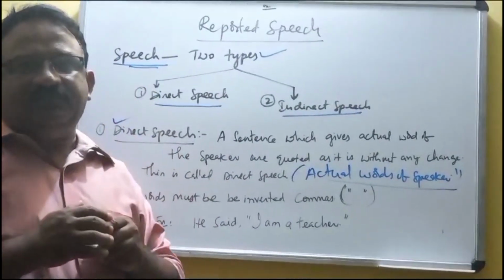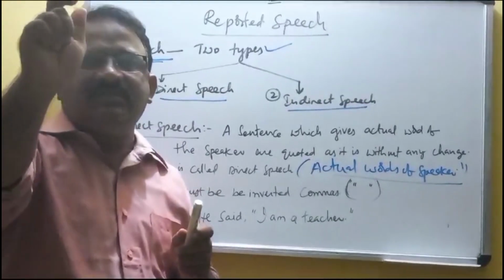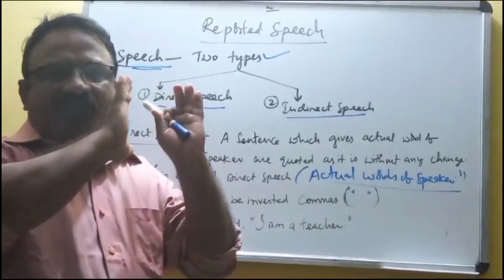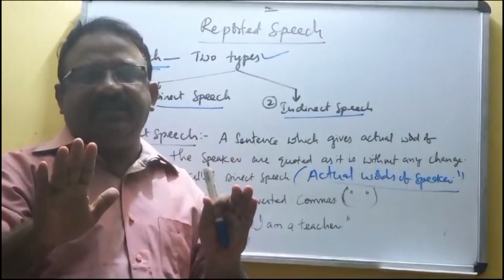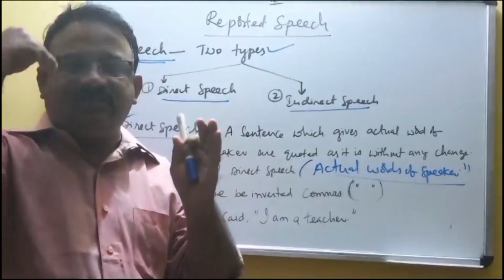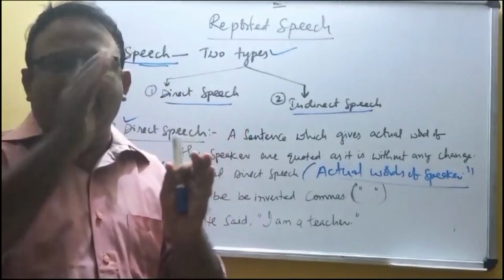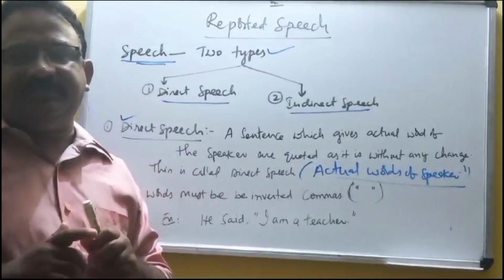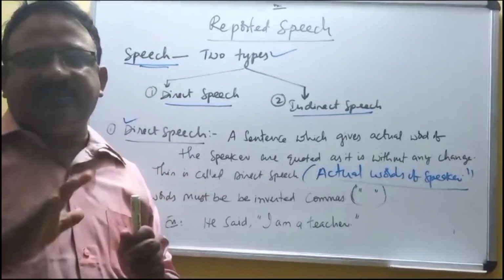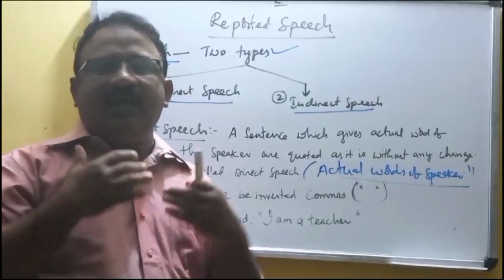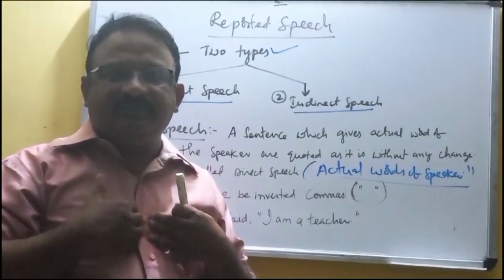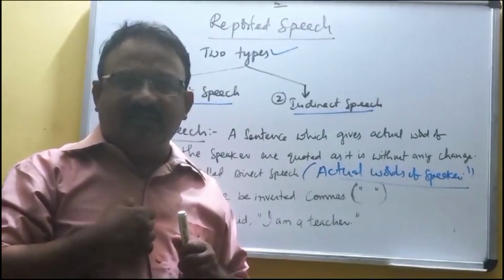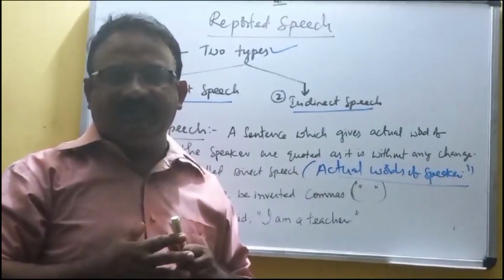Suppose you say something. Without changing, if some other person says the same thing that you have said, that is called direct speech. For example, I said, I am a teacher.